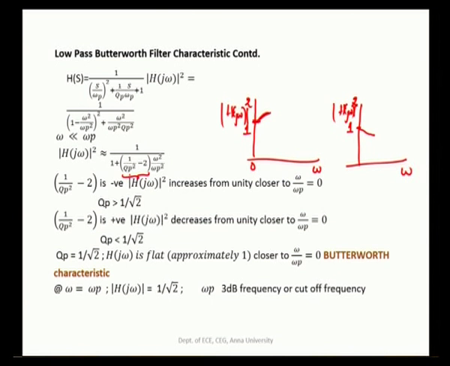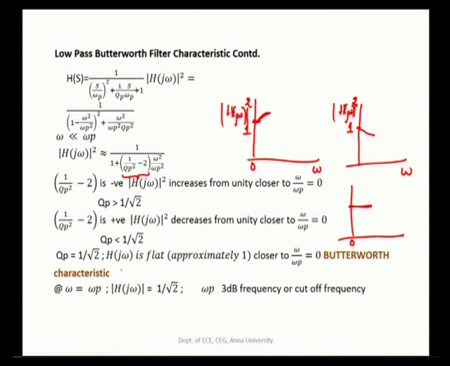In that case this entire term will become 0 and |H(jω)| squared will always be 1. So, the third case is 1 by Qp squared minus 2 being 0. For this case, for ω away from 0, the response here is approximately flat.